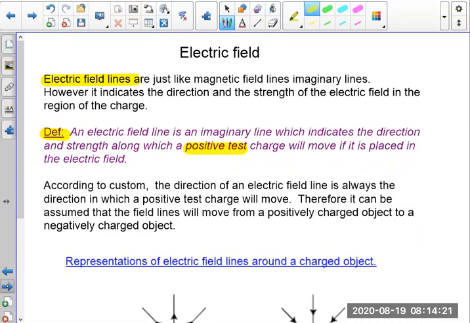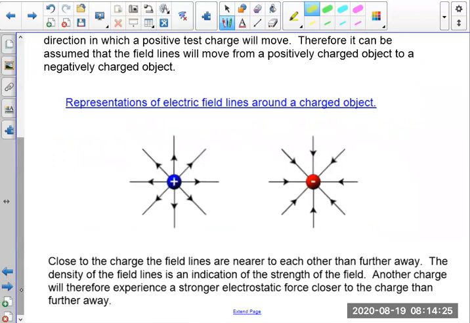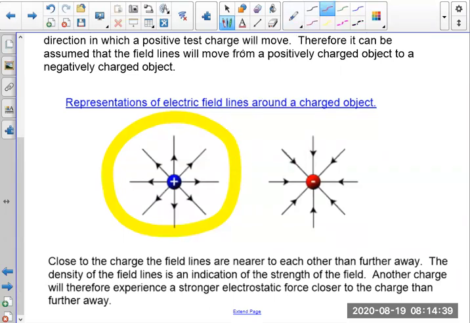Okay. Now, if we look at how the electric field looks around a point charge. For the first one that we have here, we have a positive point charge. Now, if I put in a small test charge here, which is positive, it will move in this direction, away from the positive charge.